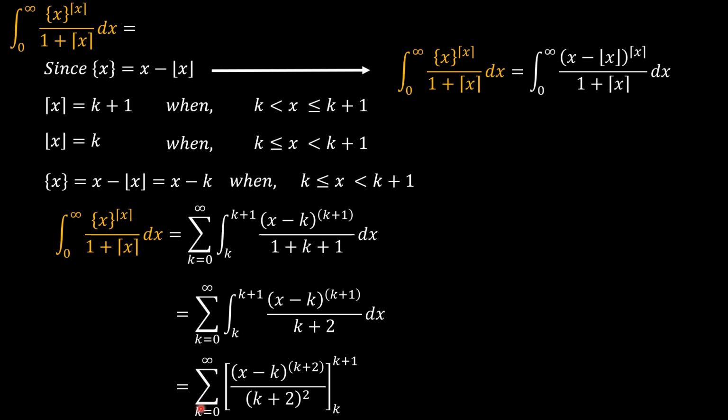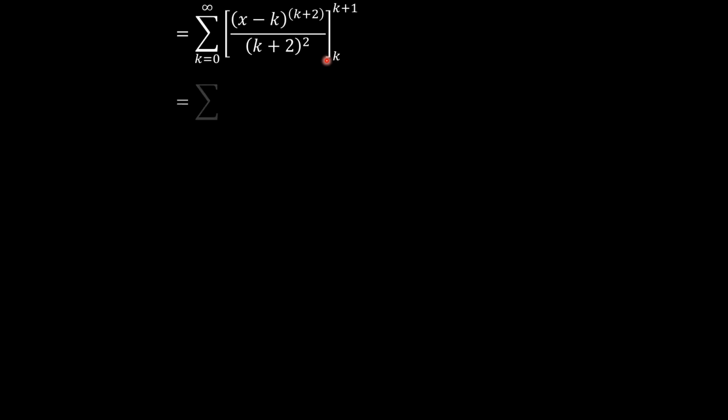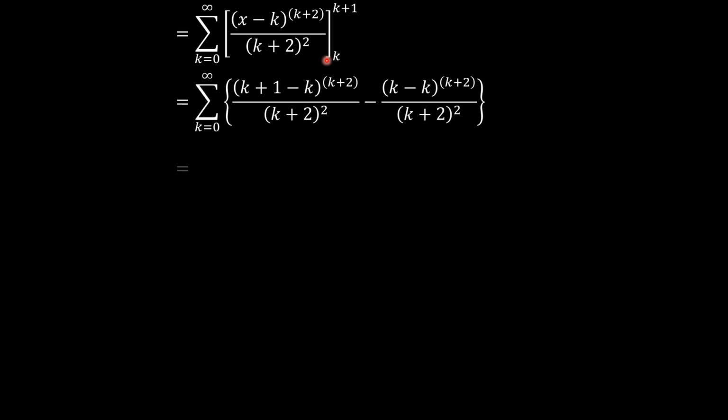This is all summed from k equals 0 to infinity. When x equals k plus 1, that is k plus 1 minus k raised to the power k plus 2 over k plus 2 squared.